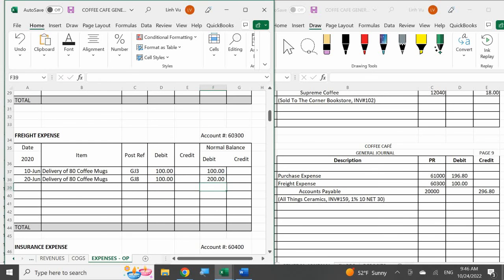Okay, $200. Good. We updated the journal, we updated the ledger, and we updated the subsidiary ledger. Okay? What's the last thing that we need to update?